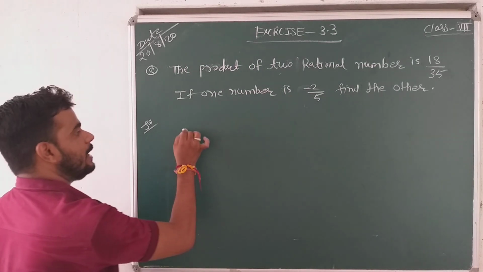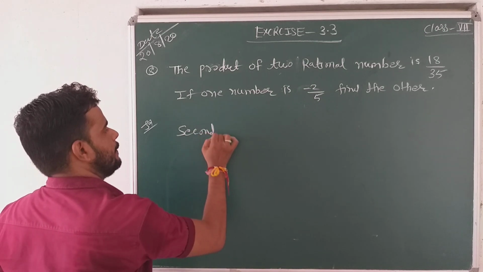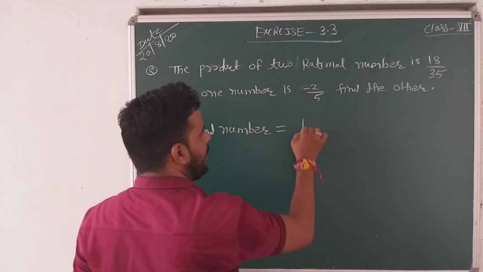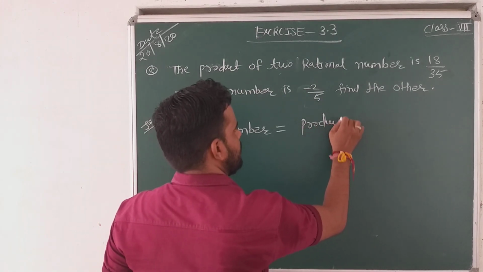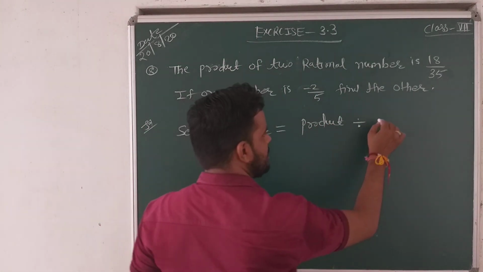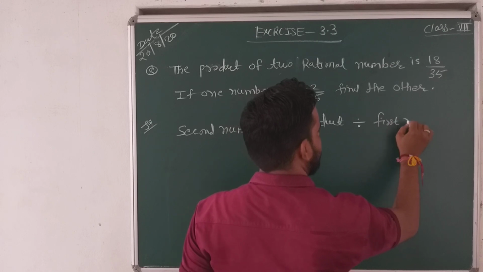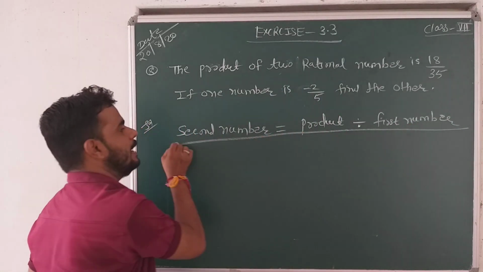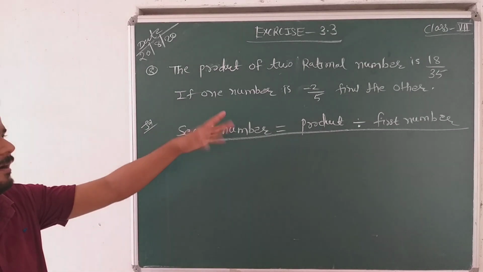So directly a formula: second number is equal to product divided by first number. This is the direct formula to find out the second number or other number.